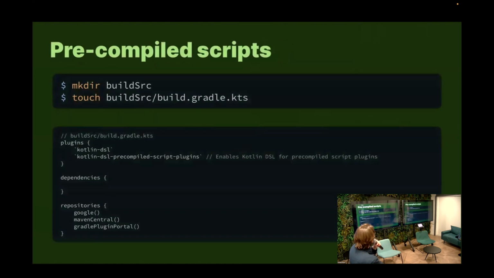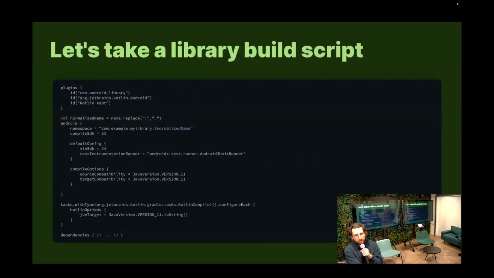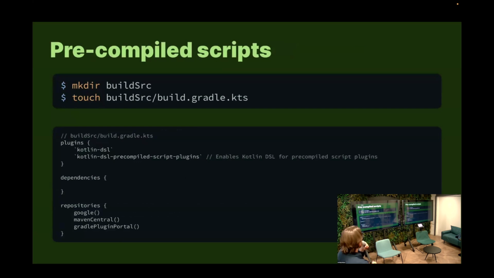If you start at precompiled scripts, we just basically add a new module in our project called buildSrc, drop in a build script file, add in the plugins we need. And the only thing we need to add here is the Kotlin DSL precompiled scripts plugin.